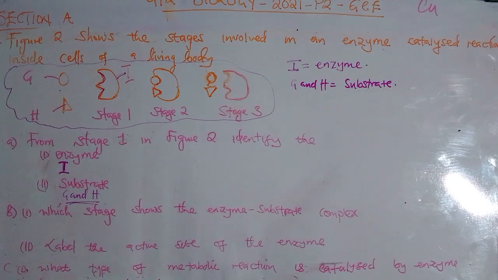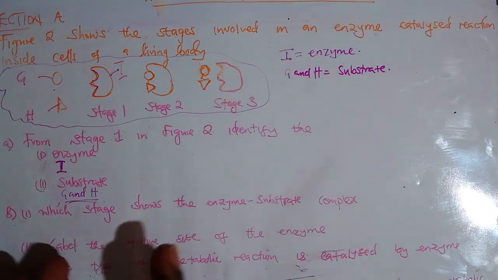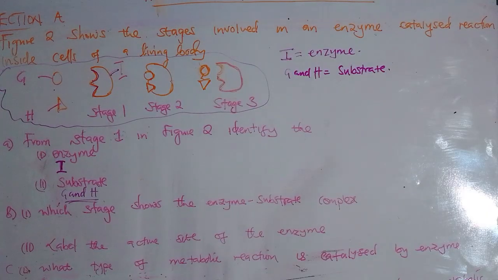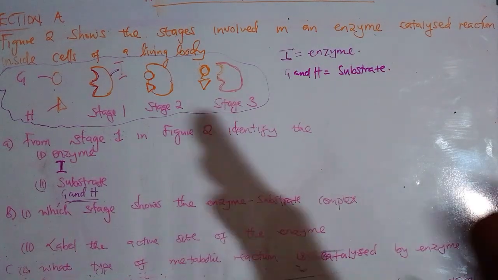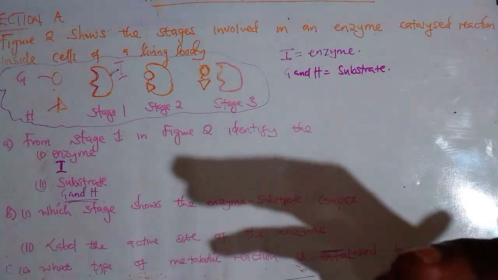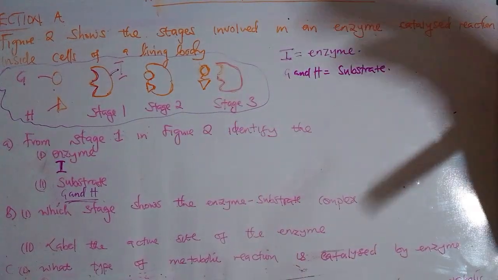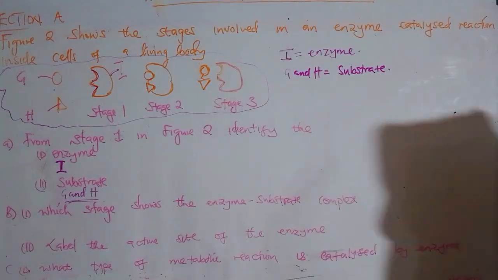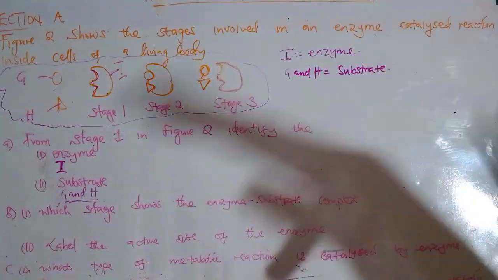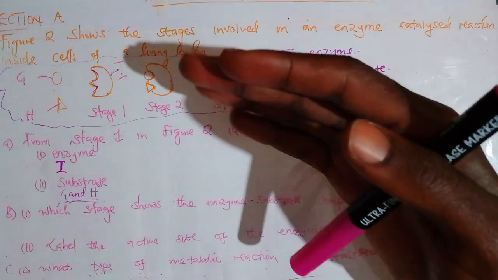Yeah. Then B, which stage shows the enzyme substrate complex? So remember in the video I told you that enzyme substrate complex is just a what? A fancy term where they will tell you that this stage represents where the enzyme is bind to the what?